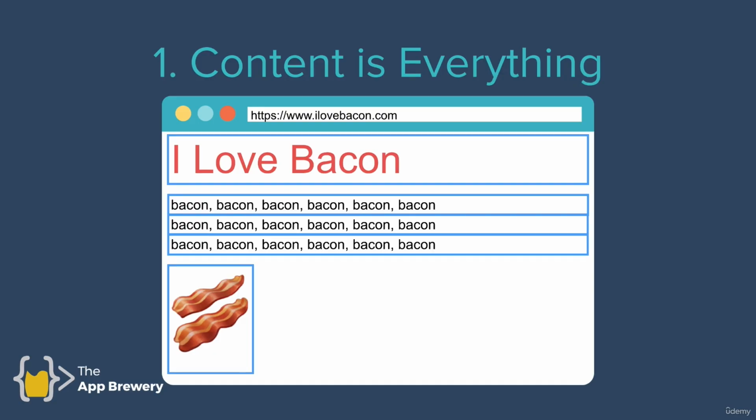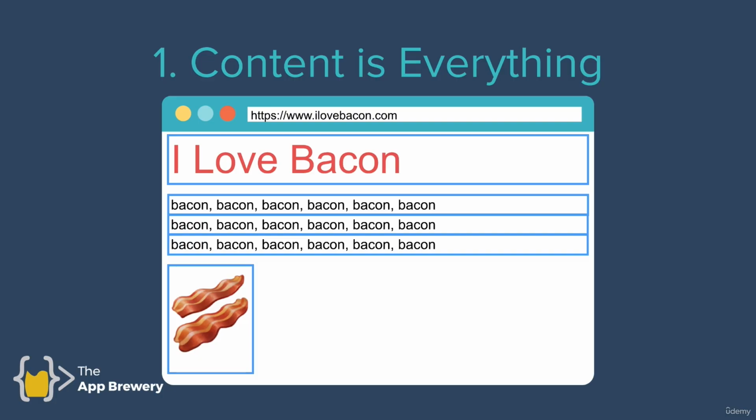So let's take a look at these rules. So let's go through those rules quickly. The first rule is that content is everything. Now we know that inline elements only take up as much width and as much height as the content. So if you have a span that contains a long word, then it has a large width. If you have a span that contains a short word, then it has a short width. And with block elements, even though they take up 100% of the width, the height is still determined by the content.